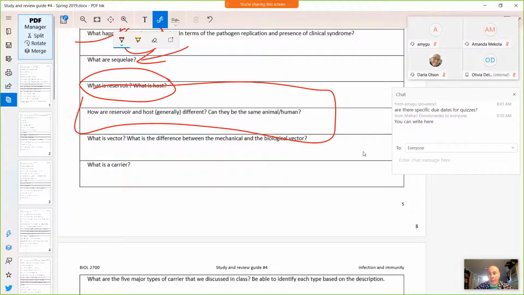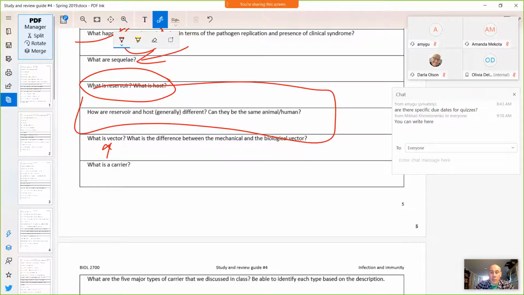That's like a big wink here: know that stuff, be able to analyze what's what in a certain description of the disease. Vector, usually it's an animal, usually an arthropod, like a mosquito or tick, that transmits the disease.